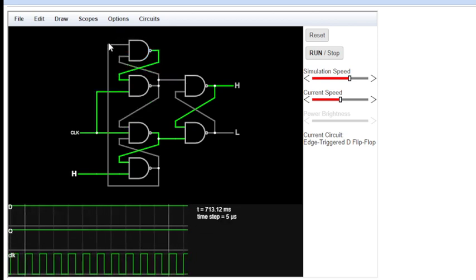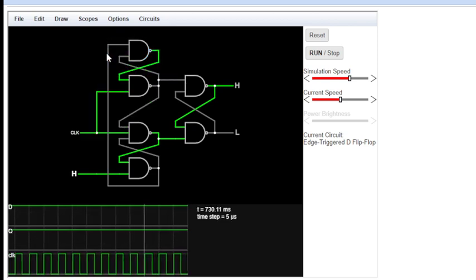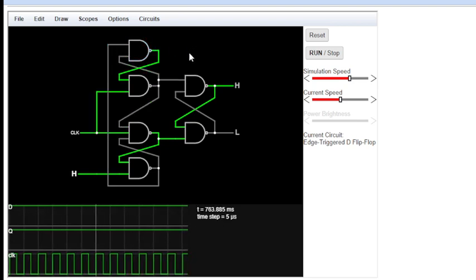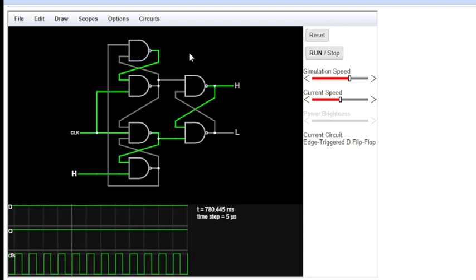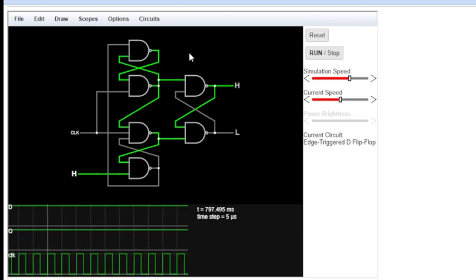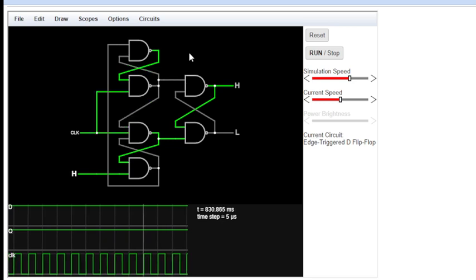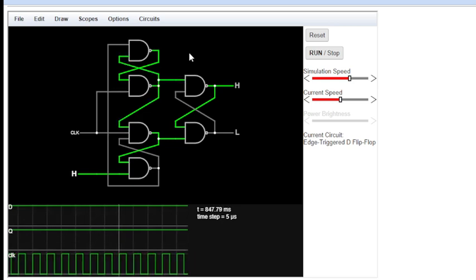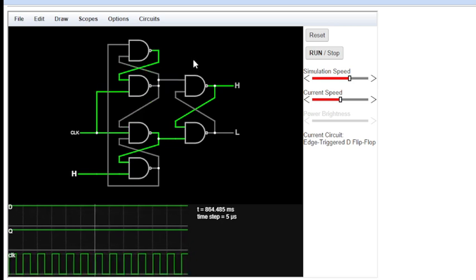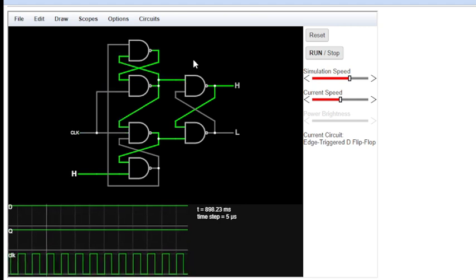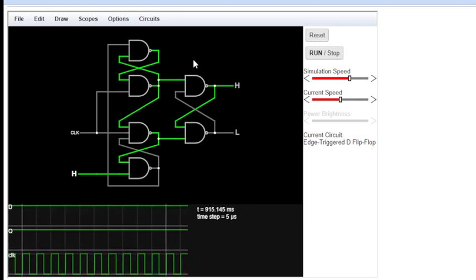Why are we also using the input as the input of this flip-flop circuitry? Because we do not have any other input or any other circuit in the edge triggered D flip-flop. So edge triggered is due to the clock signals, and that is why edge is the name of this flip-flop circuitry.